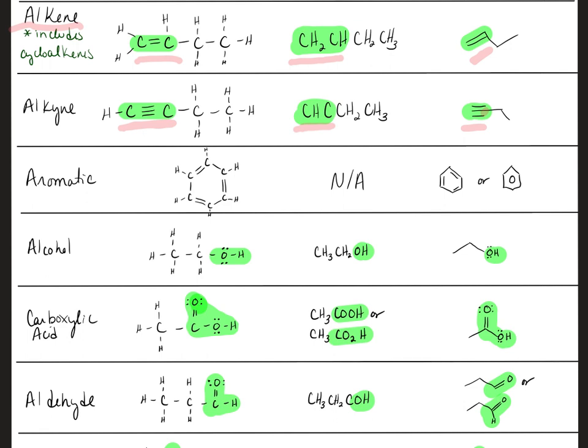Next, we have aromatic compounds. So aromatic compounds are going to be really just a phenyl group, or another way if you've heard of that before. We have a ring with alternating single and double bonds. There are different types of aromatic rings. They're all rings, but we're not going to go into that too much.